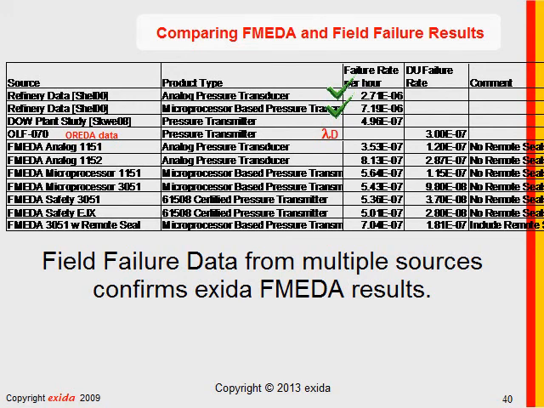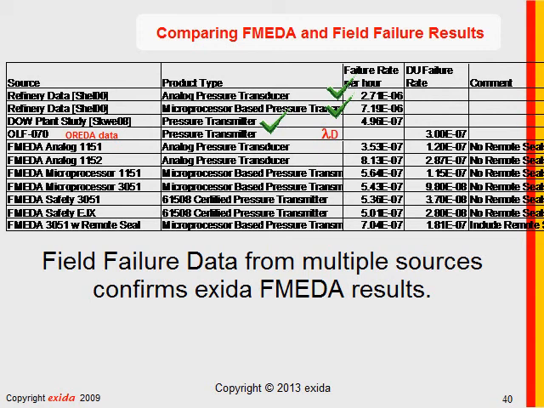A Dow study done more recently said basically 5 times 10 to the minus 7 for a pressure transmitter. Now that study did not indicate whether the number included pressure manifolds or impulse lines or remote seals, because that level of information just was not present.